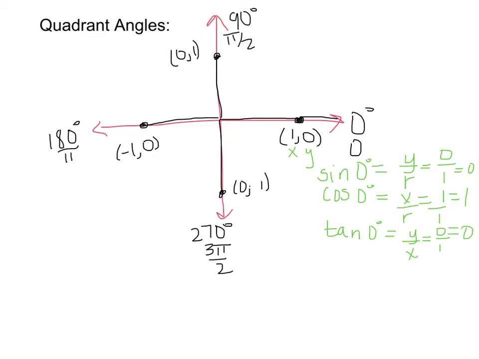So then we have here pi over 2, or 90. This is x and this is y. So sine of 90, or pi over 2, would be y, which now is 1 over 1, which is 1.